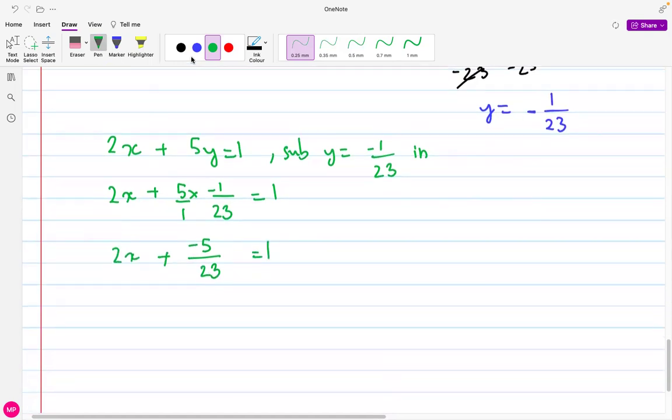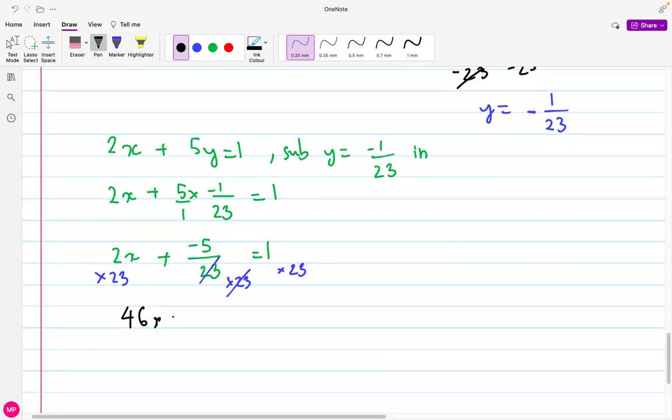So as I say, to get rid of fraction, what you can do is you can times everything by 23. So times this by 23, times this by 23, times this by 23. Okay, 23 and 23 go away. 2x times 23 is 46x minus 5 equal 23, like that.